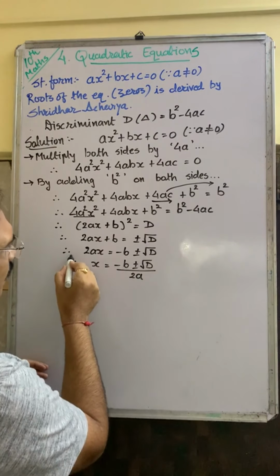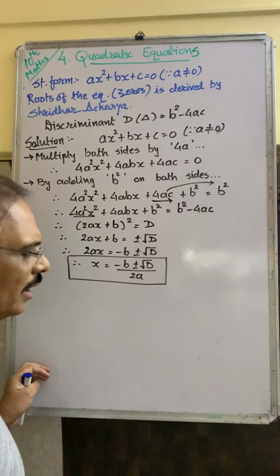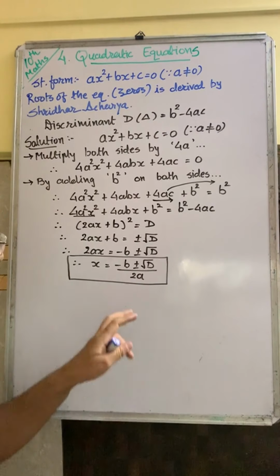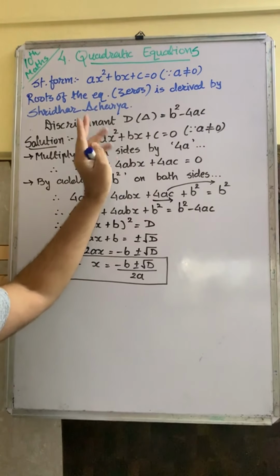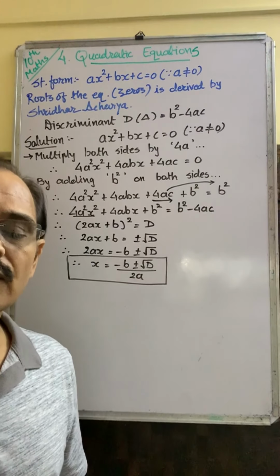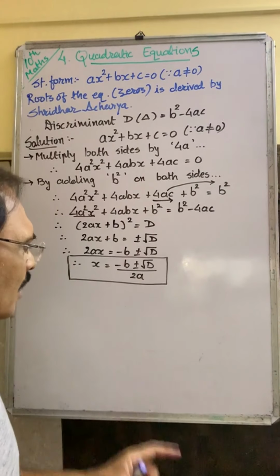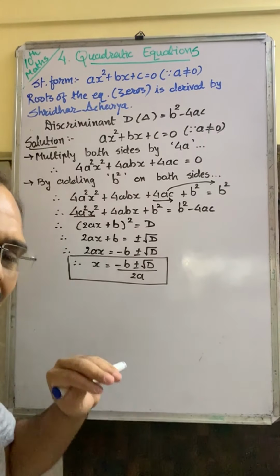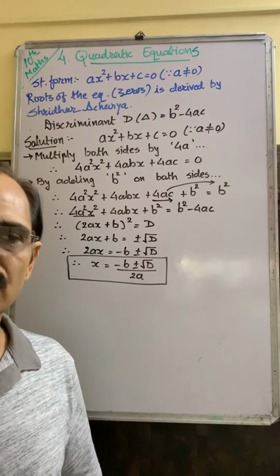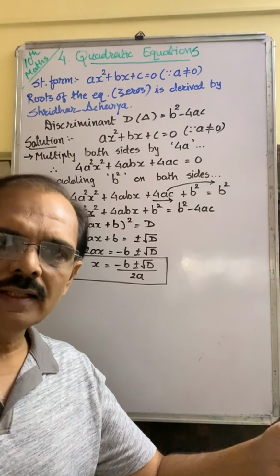So now this is the solution, meaning the value of x with which the equation is satisfied. If you place the value of x in this equation, then this plus this will be 0. But here see the value of x: it contains two terms, minus b plus or minus root D upon 2a. So for our convenience, we take one plus as alpha and minus as beta.